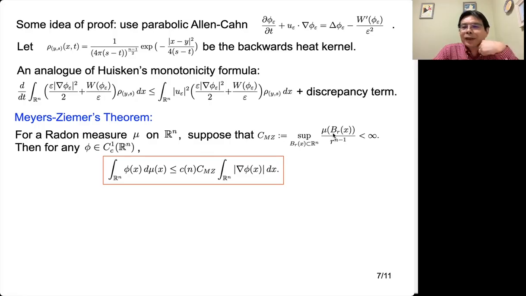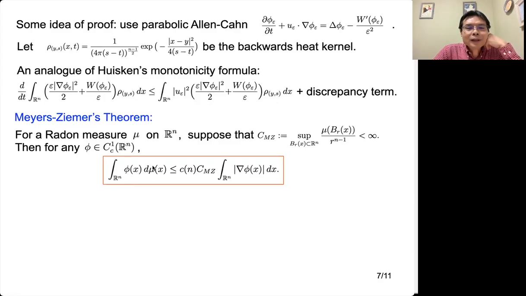It's really like saying that this mu is like a surface measure of a nice surface. Then this quantity will be bounded. Now, if you have this bound, then you have this inequality. Note that phi is integrated over the surface. Just think of mu as a surface measure.